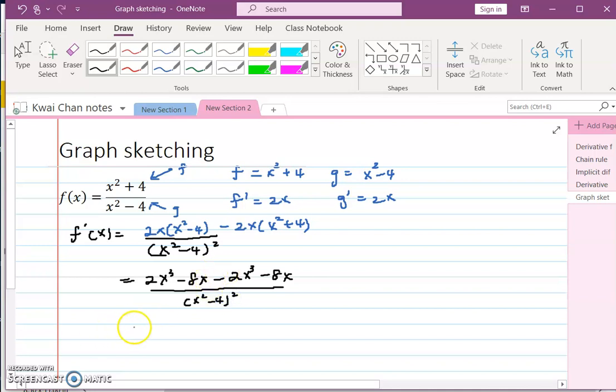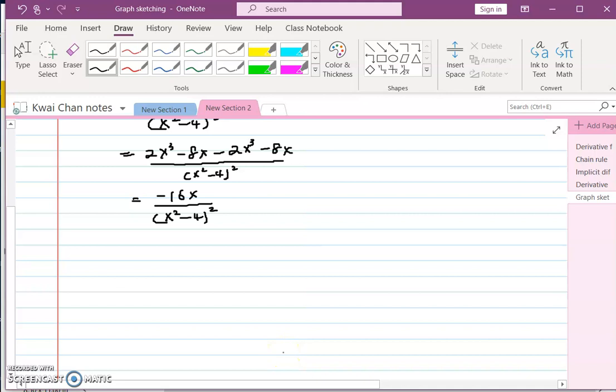So the x cubed terms cancel, and it would be negative 16x over (x squared minus 4) squared. If I set this to 0 to find the critical points, you have 0 equals negative 16x over (x squared minus 4) squared. The bottom is a square, so it does not make any difference for solving it. So the only critical point is x equals 0.